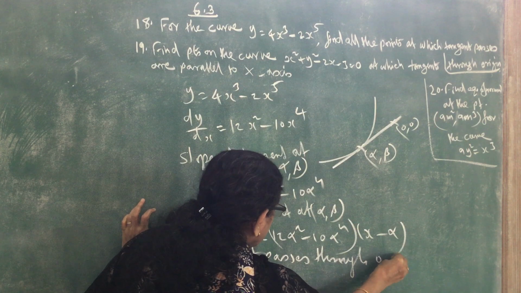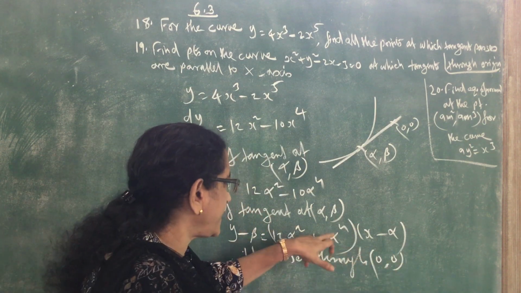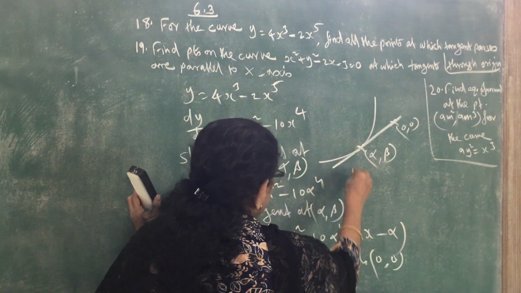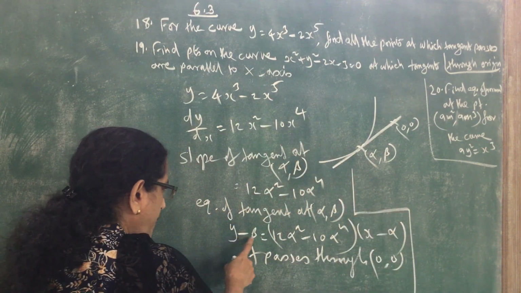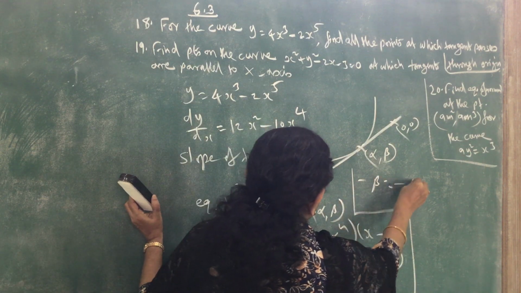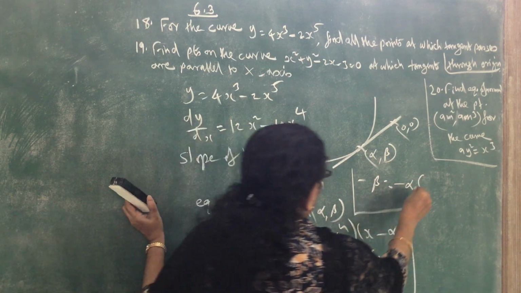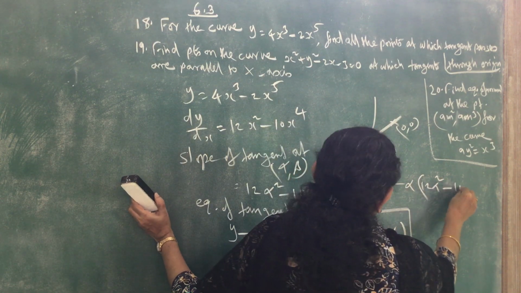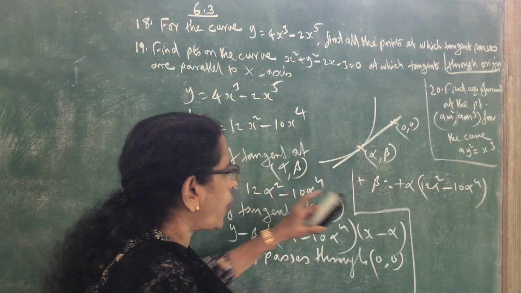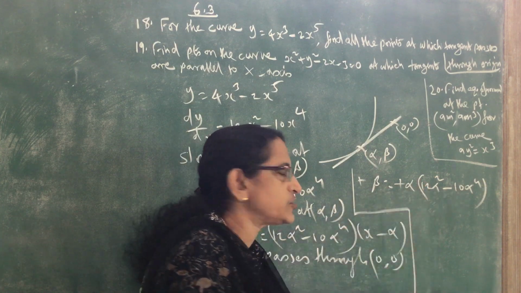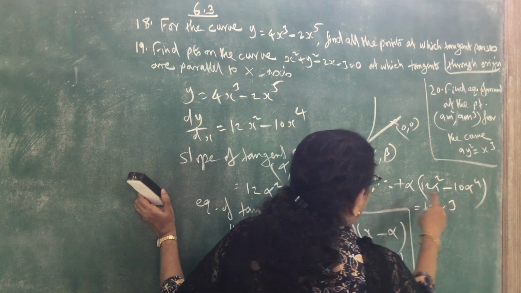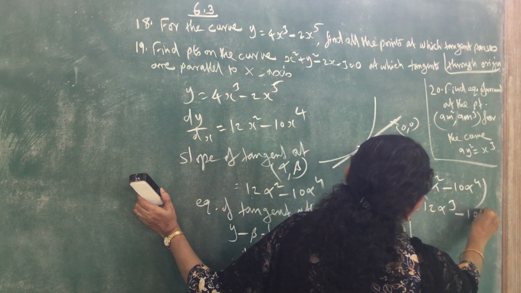So we get 0 minus beta, that is minus beta, equal to 0 minus alpha into 12 alpha square minus 10 alpha raised to 4. Now the minus from both sides we can cancel. So we got beta equal to alpha into 12 alpha square minus 10 alpha raised to 4, that is equal to 12 alpha cube minus 10 alpha raised to 5.